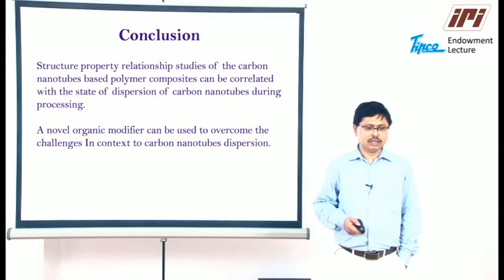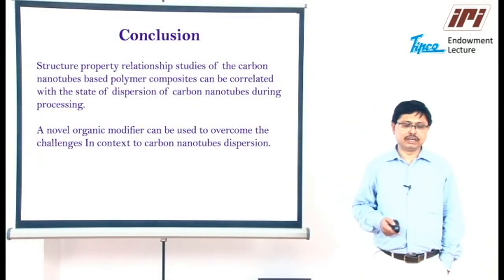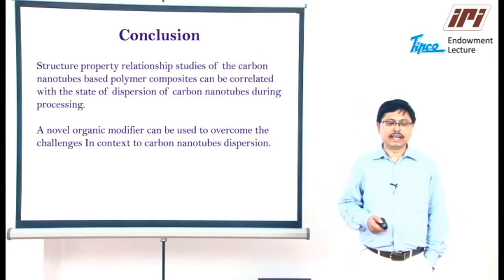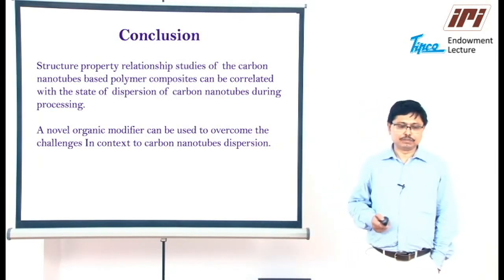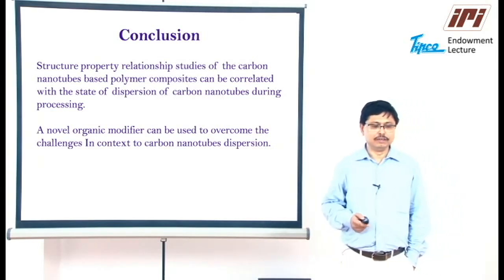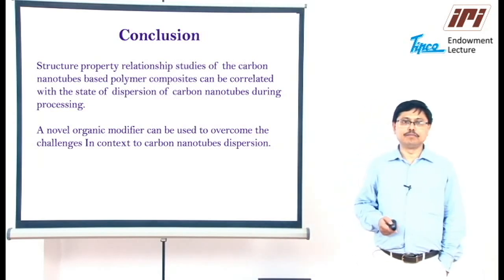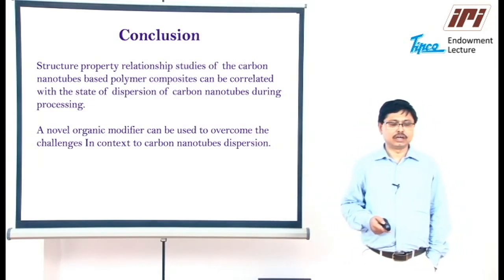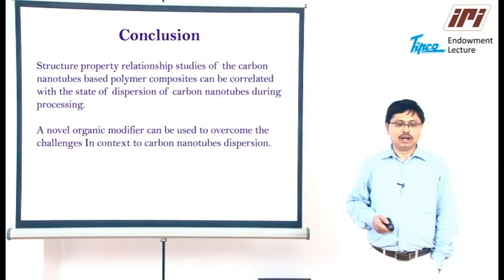In conclusion, I would say that structure-property relationship studies of carbon nanotube based polymer composites can be correlated with the state of dispersion of carbon nanotubes during processing. A novel organic modifier can be used to overcome the challenges in the context of carbon nanotube dispersion.